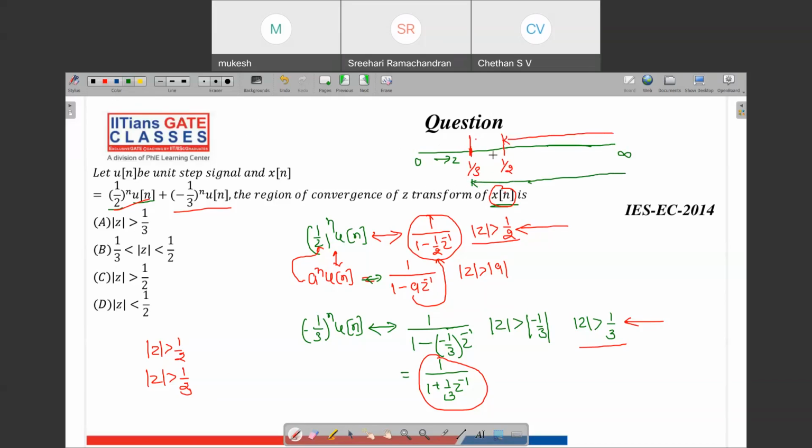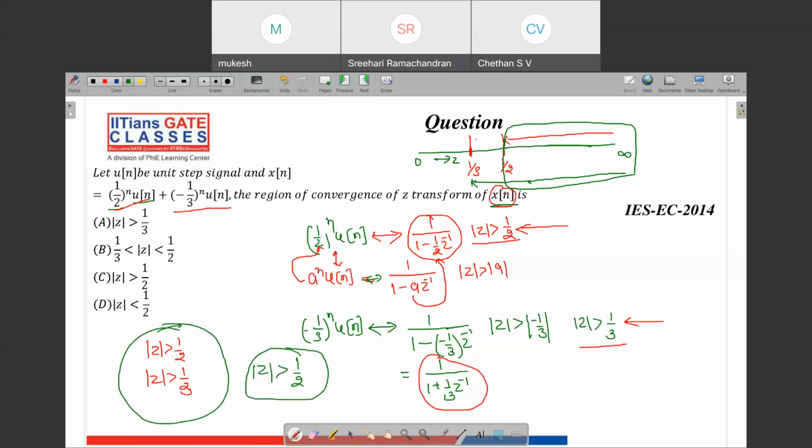If you take the intersection of these two, you see only this region is overlapping, from 1 by 2 to infinity. From 1 by 3 to 1 by 2 there is no overlap. So when you take the intersection of these two, you will get mod of Z greater than 1 by 2. So this will be the answer, which is this one.